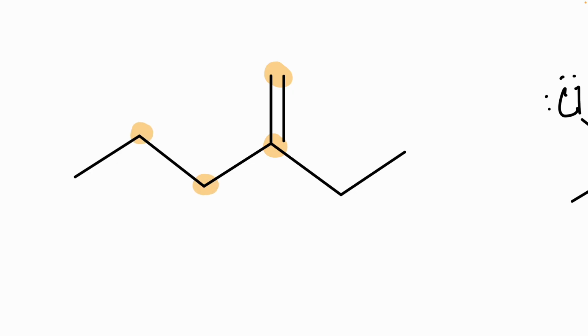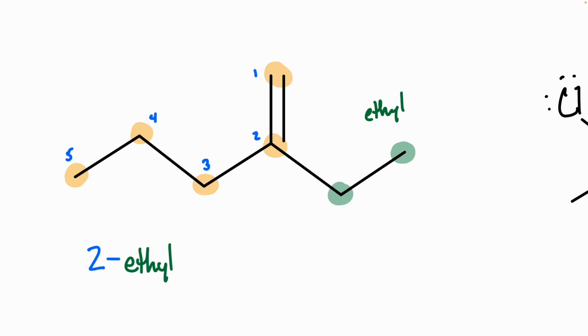So my longest continuous set of carbons would be these 5 here, meaning that this would be considered an ethyl group. And I'm going to number in such a way that prioritizes that carbon-carbon double bond, making sure it gets the lowest possible number. So my ethyl group here is located on carbon 2: 2-ethyl-1-pentene.